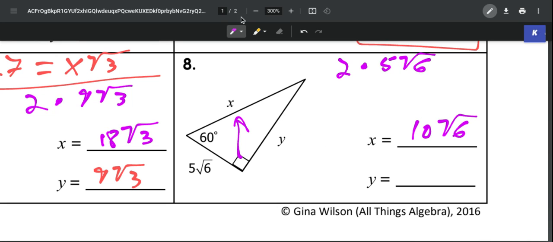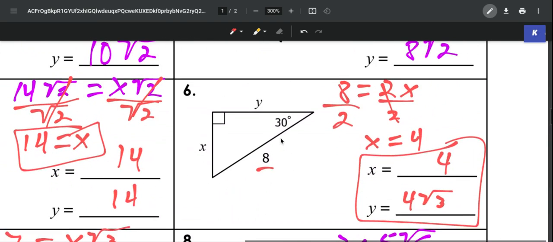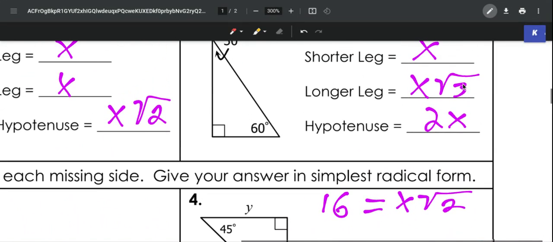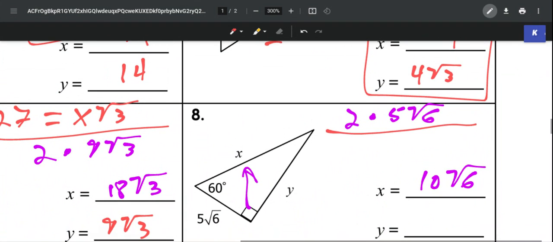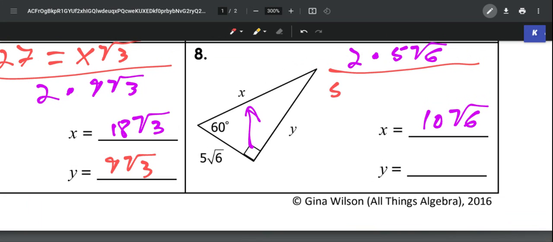And then the last one is y. For y, we end up saying x times radical 3. This may look a little weird, but it's not too bad. Essentially here we're saying 5 radical 6, which is x in our general form, not x here, times radical 3.